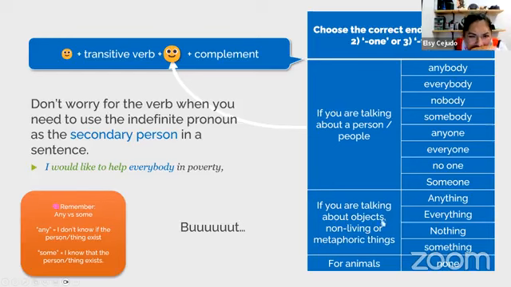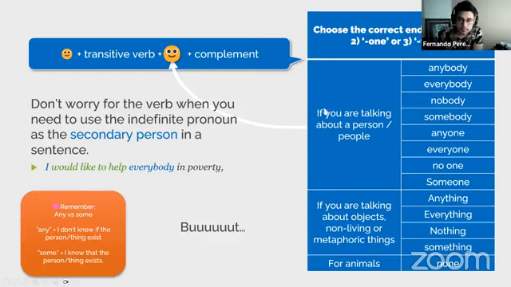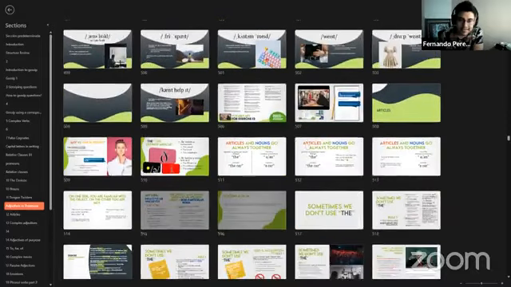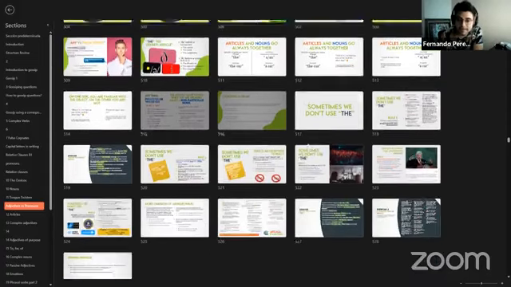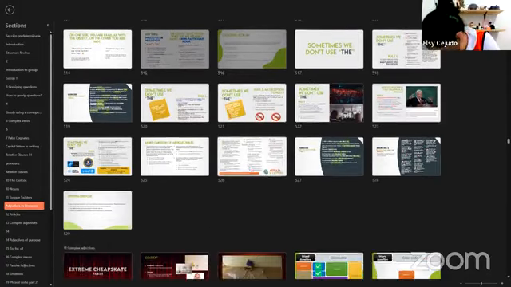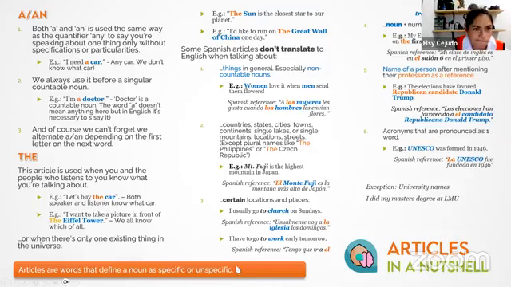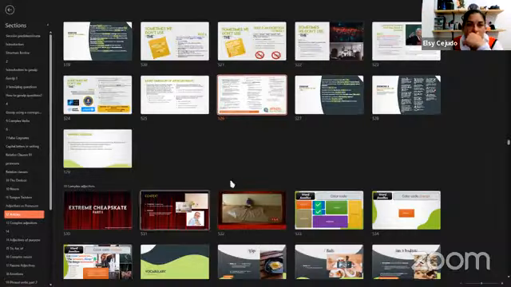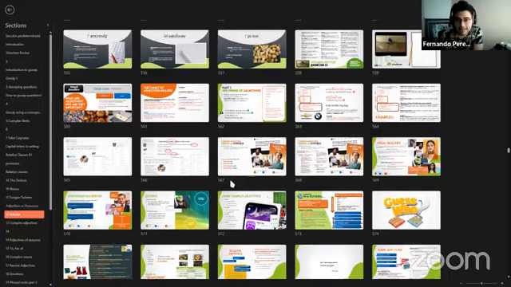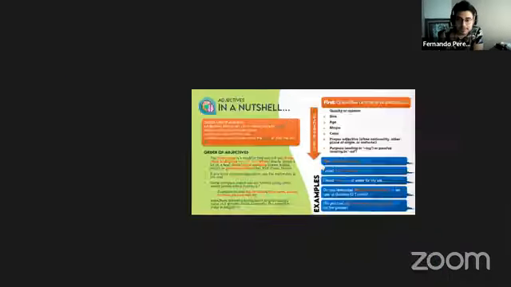Okay. The second topic and the third topic was articles. When it's not necessary to use an article. Okay. And then after that, adjectives.